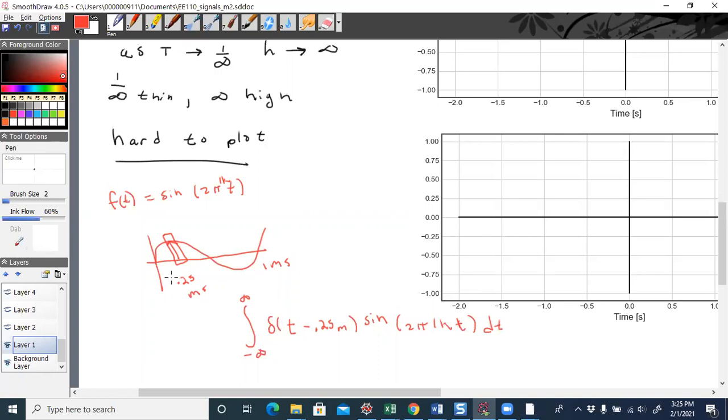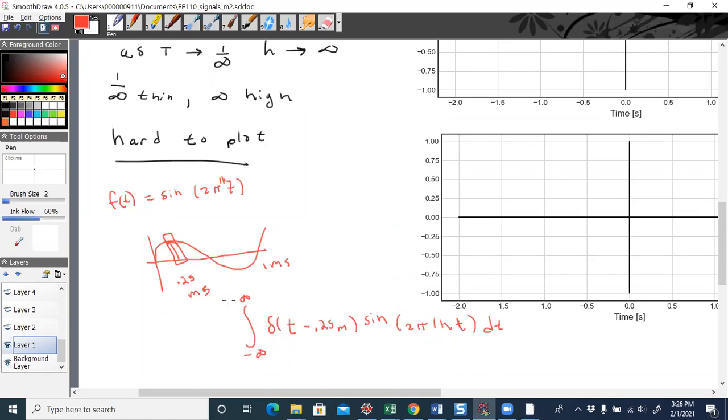So what happens is I'm multiplying this, and when I delay this, that delta function only exists at 0.25 milliseconds rather than at 0, right? I delayed it. And again, we are right about to go over that right now. It's multiplied by the sine. So the thing is it only exists right at that time.